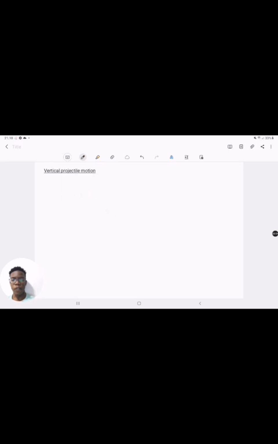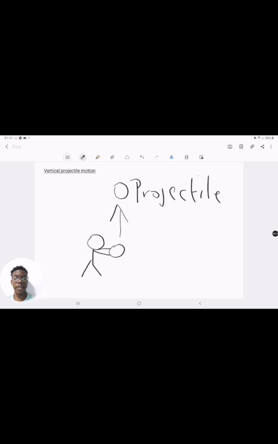Okay, so vertical projectile motion. If I've got a boy here, could be a girl, whoever, holding a ball, and this person decides to throw the ball upwards in the upwards direction. This ball is what we call the projectile, because it is an object that has been thrown, and to project is to throw.